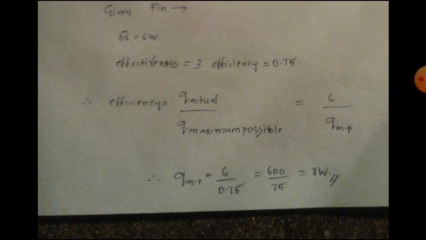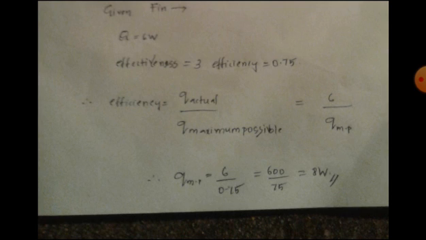But what is efficiency? Generally we think efficiency means output by input, but here it is different. Efficiency here refers to the ratio of the actual heat transfer rate to the maximum possible heat transfer rate.